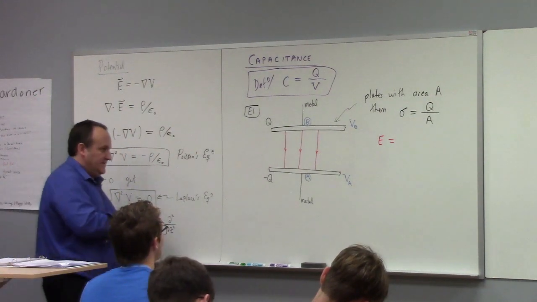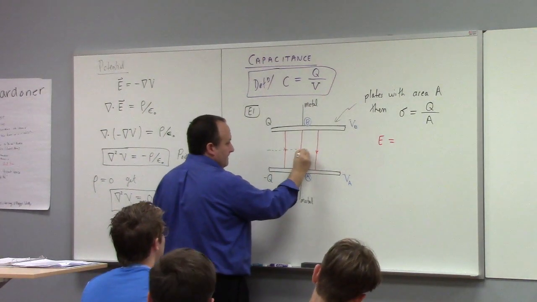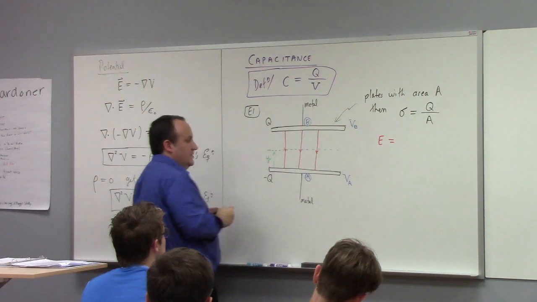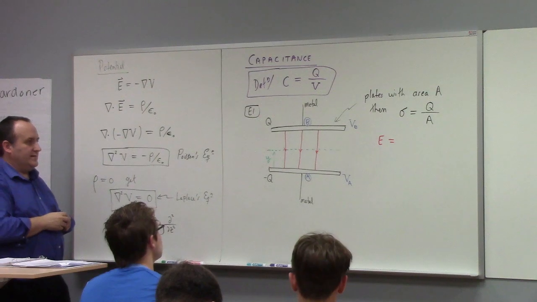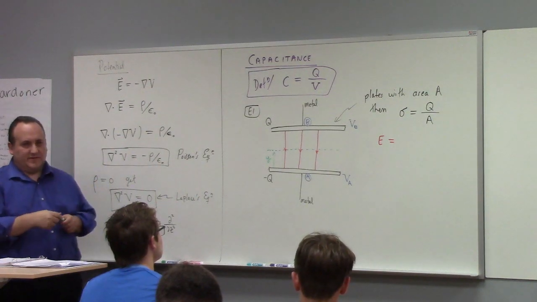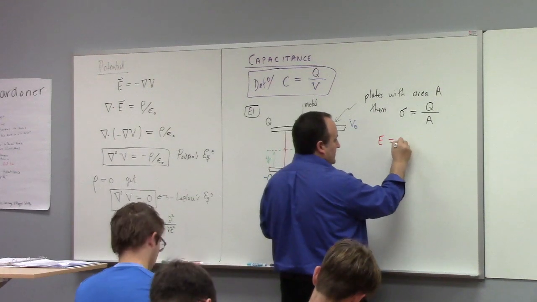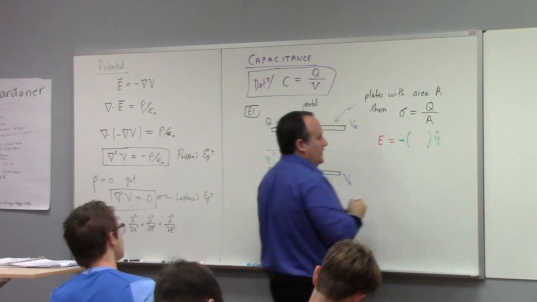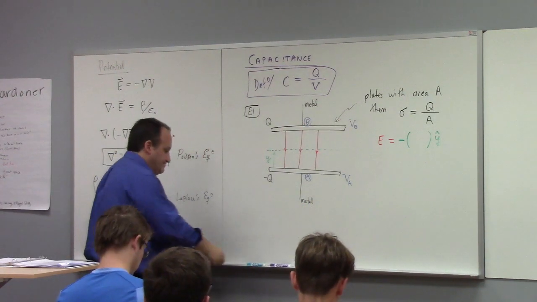For the sake of specificity, let me call this distance here y. I don't really need that for the electric field except to slap a y hat on it. It's going to be a negative something y hat. Fill in the blank for me. What should I put there?